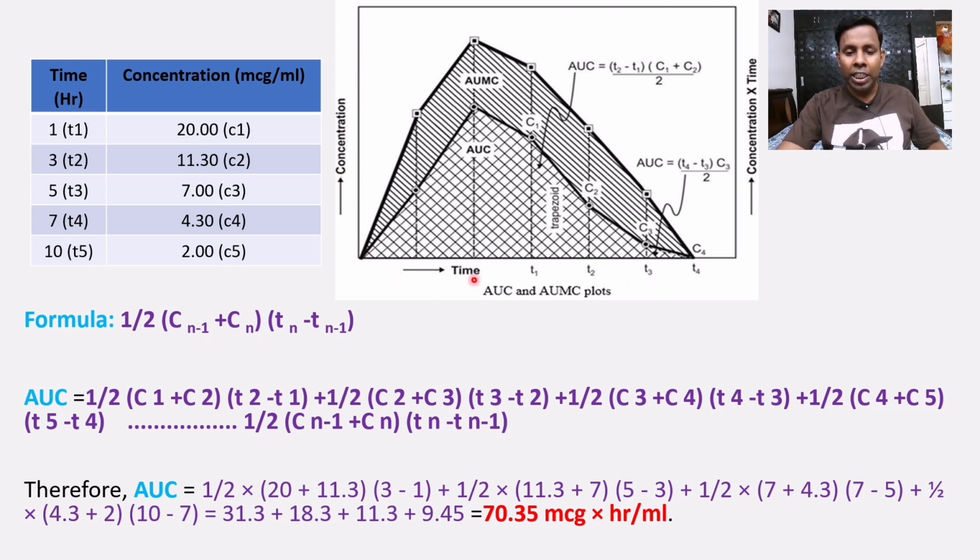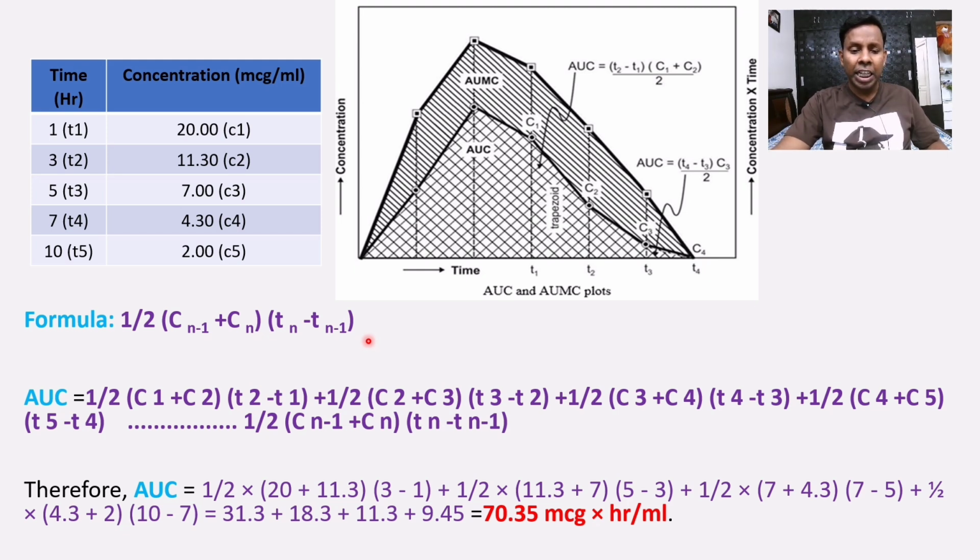So, as we know the formula is half of Cn minus 1 plus Cn into Tn minus Tn minus 1. So, this formula we will apply to each trapezium to get the area of each trapezium, then we will add up all the areas of each trapezium to get the total area of AUC.